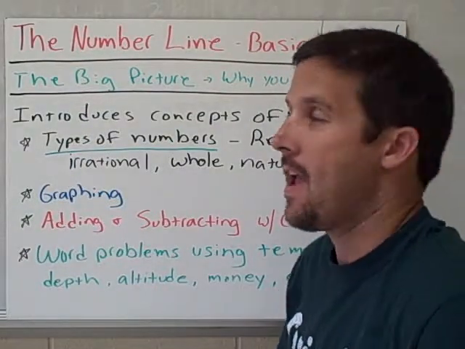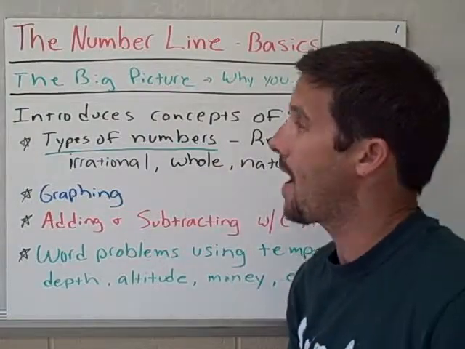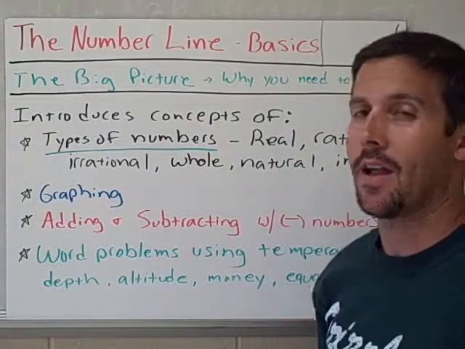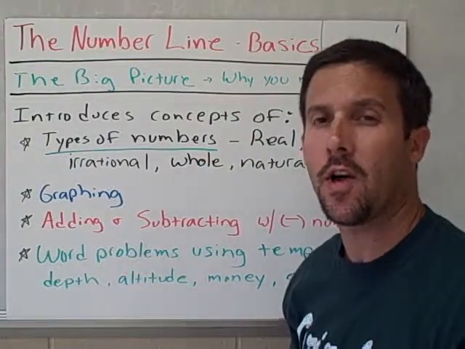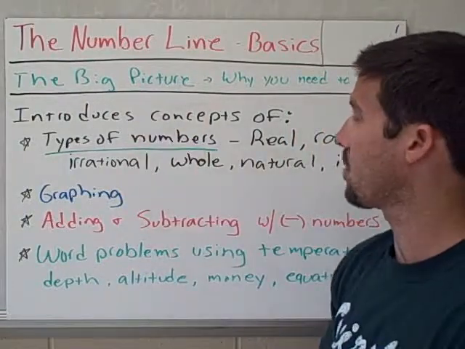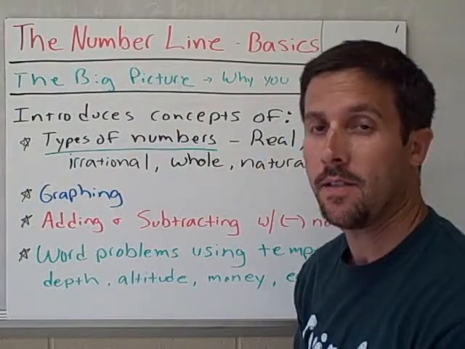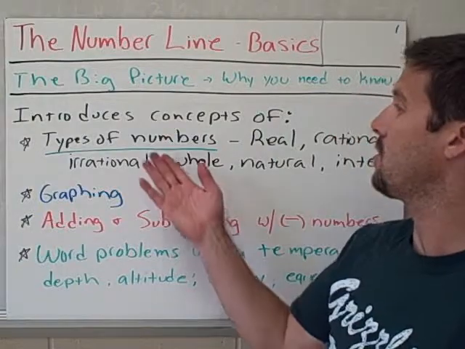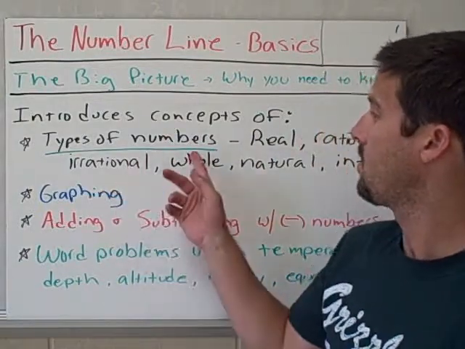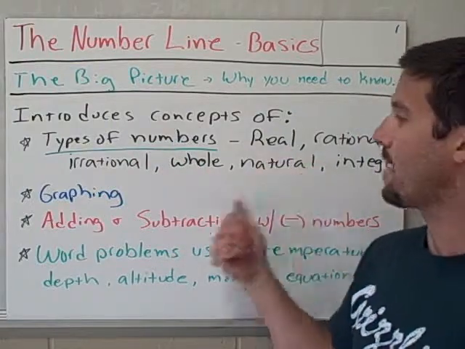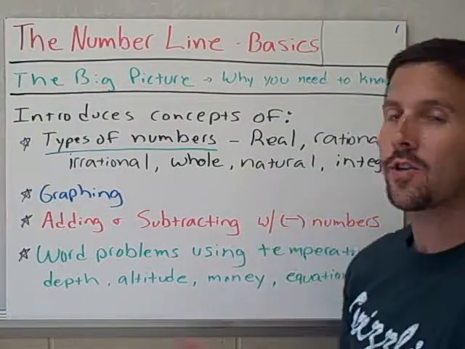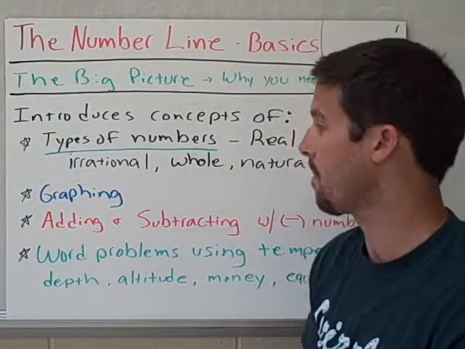Kenton again. And today I'm going to talk about the number line, but only the basics of the number line. The number line, there's so much stuff going on there, but we're going to keep it very simple. First, the big picture. Why you need to know this? Well, the number line introduces a lot of concepts. Types of numbers, such as the real, rational, irrational, whole numbers, natural numbers, integers, they're all on the number line.